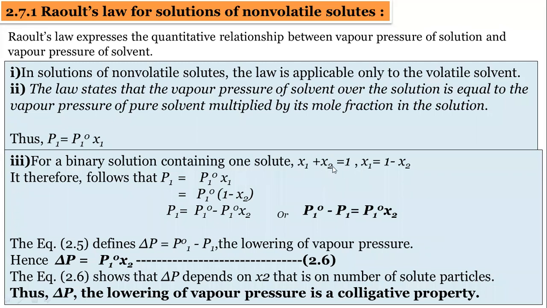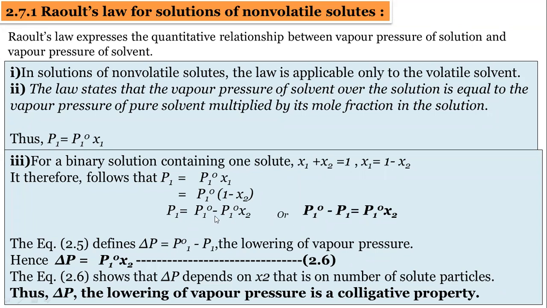I took this concept from 11th standard. Again, X1 is equal to 1 minus X2. All this was explained in the previous Raoult's law. So according to this Raoult's law, P1 is equal to P01 into X1. This same equation I have taken here, putting the value of X1 in this equation. So P01 into (1 minus X2). This is the same expression as the previous Raoult's law.